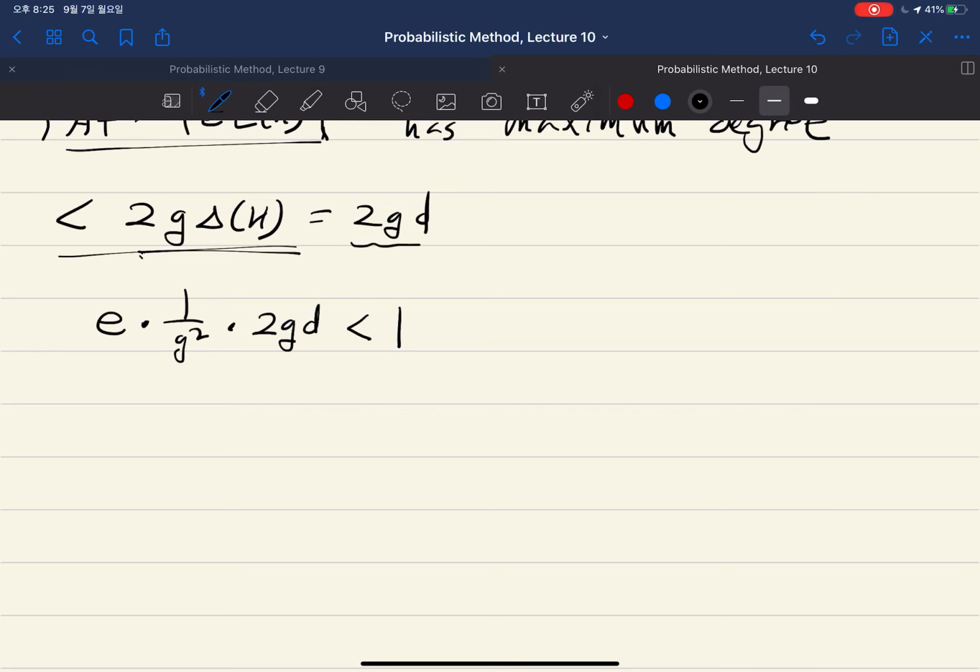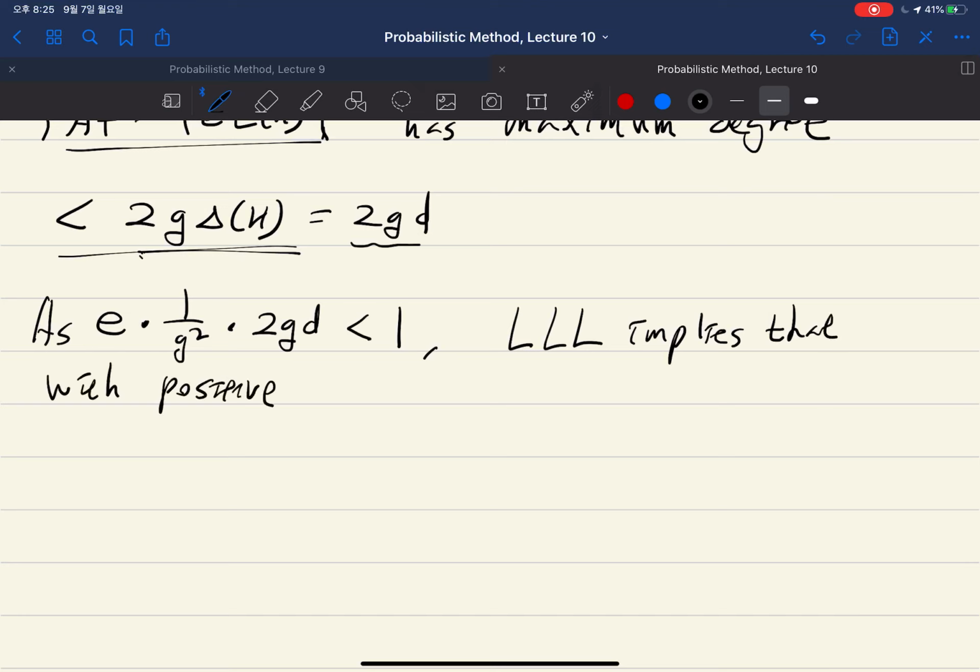So now the local lemma implies that with positive probability, none of the events AF holds.